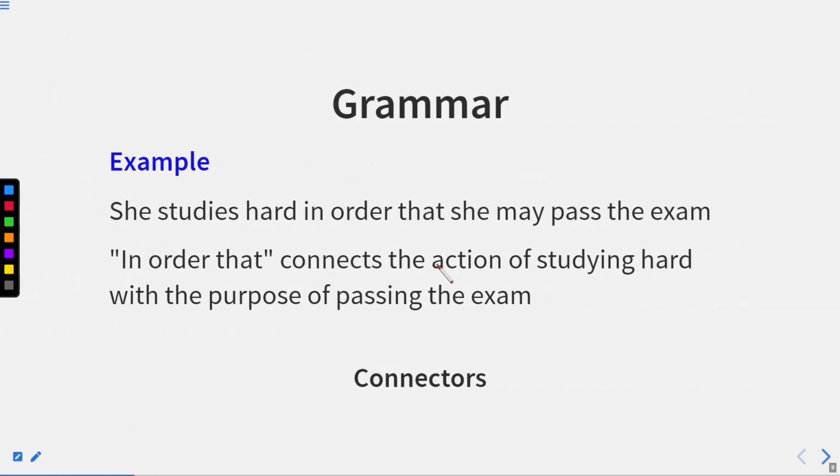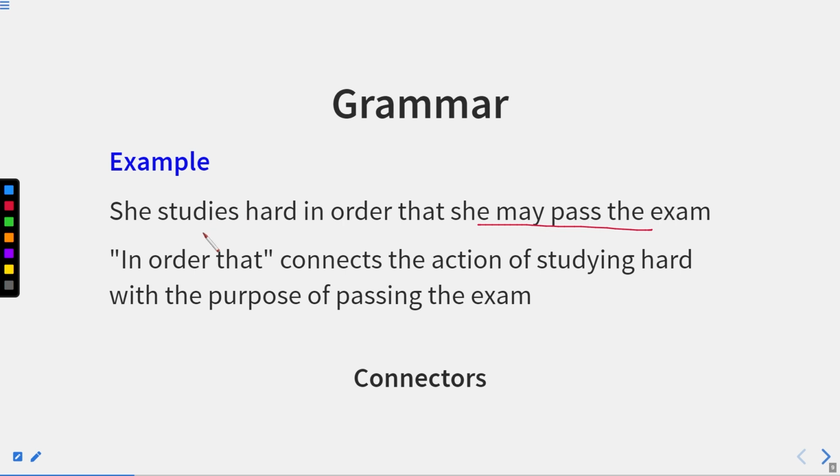For example, she studies hard in order that she may pass the exam. So, what is the purpose behind her studying hard? That she may pass the exam. So, her motive is to qualify her exam with good marks. Just for this, she is studying hard. She studies very hard.